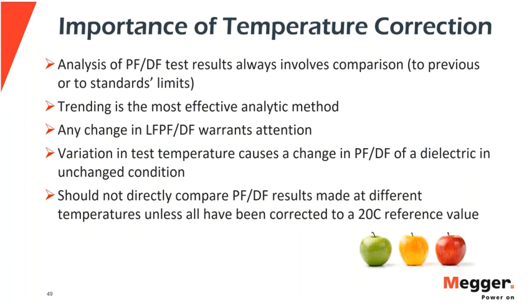But we have to eliminate the fact that variation in test temperature can cause that change. So we don't want to be reacting to a trend that's due solely to temperature variation. So we shouldn't be directly comparing line frequency power factor results, or any power factor results, made at different temperatures unless all have been corrected to a 20 degrees C reference value.